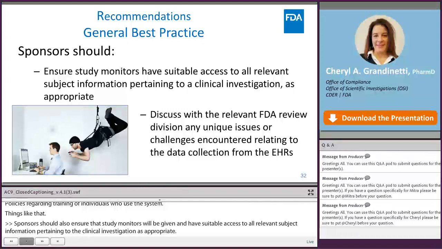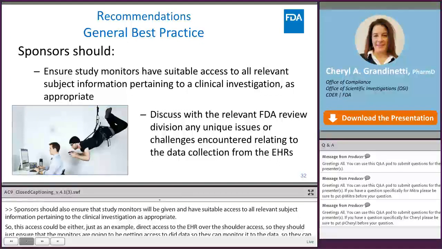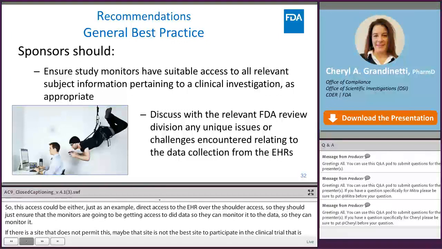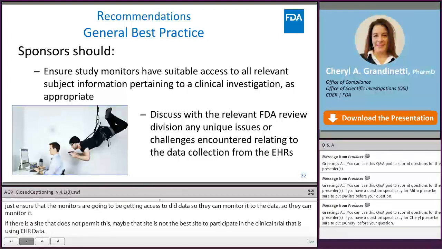If there is a clinical investigation site that doesn't permit this, then maybe that site isn't the best site to participate in a clinical trial that's using EHR data. You should also discuss with the relevant FDA review division any unique issues or challenges that you encounter that relate to the data collection from the EHR.